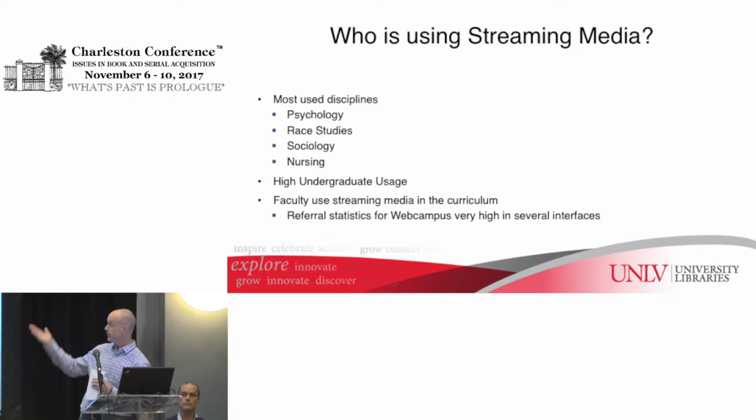You won't see cat memes up here. I'm sure that there are plenty of those watched in our libraries, but looking across our subscription and DDA models, 4 disciplines really jumped to the top: psychology, race studies, sociology, and nursing. Those are the 4 that are the highest pretty much among all of our different models.